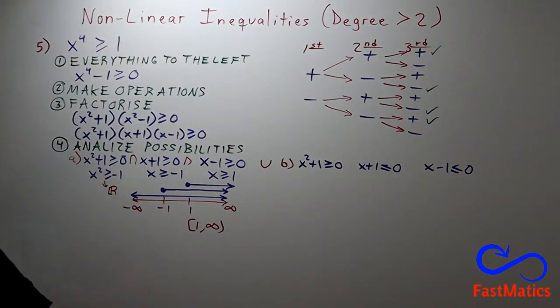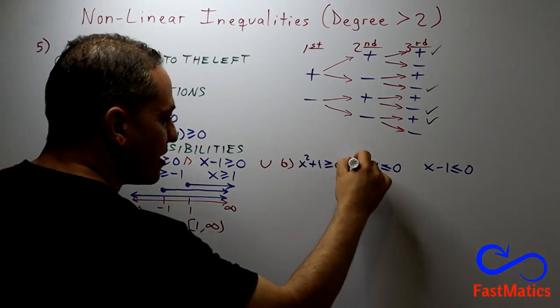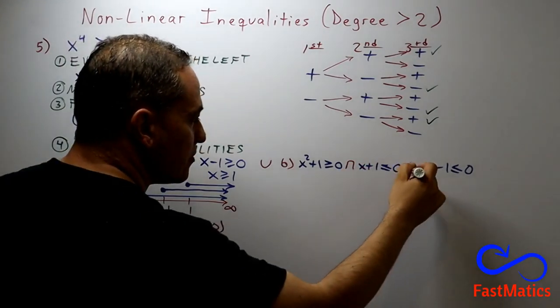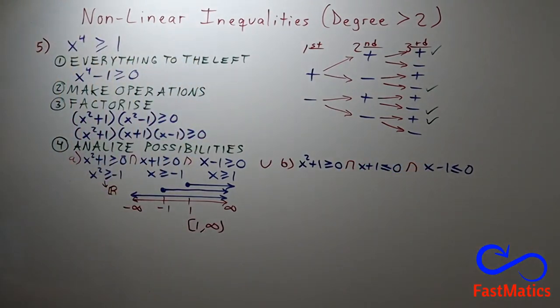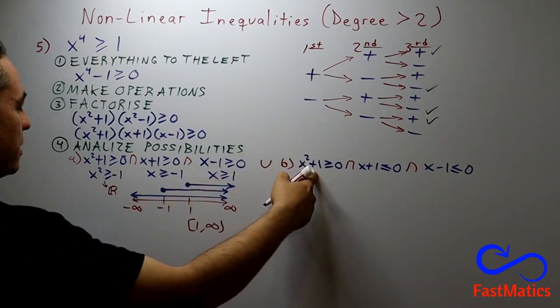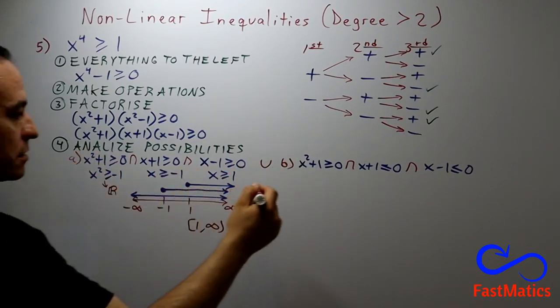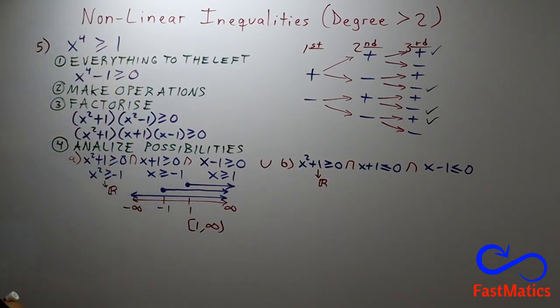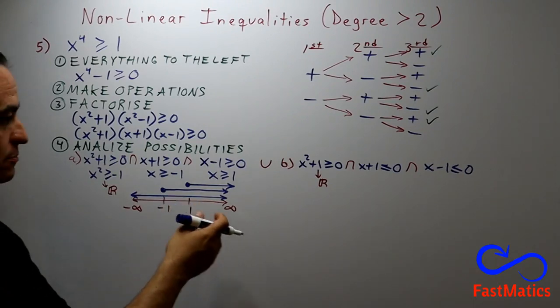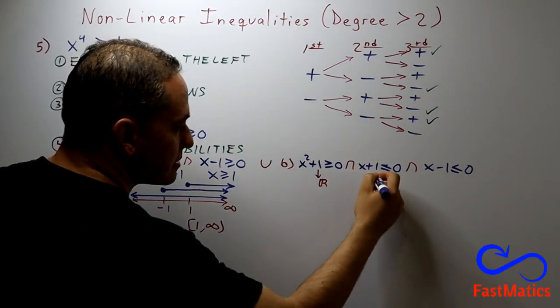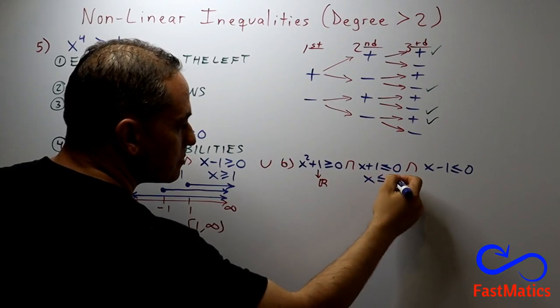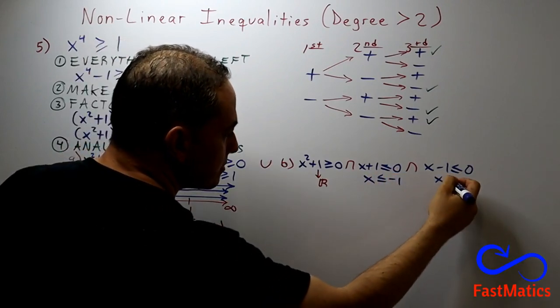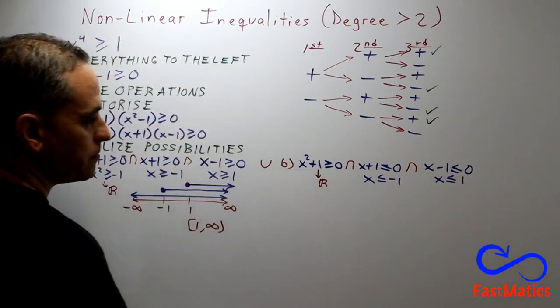And when in math you need this and the other thing and the other thing, you intersect the answers. Here, the same thing. We don't need to solve it. We have all the real numbers as the answer of this inequality. I have explained that before. After that, x less than or equal to negative 1, and here x less than or equal to 1.